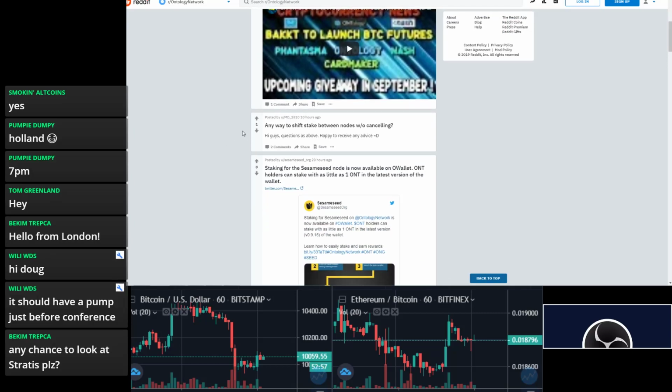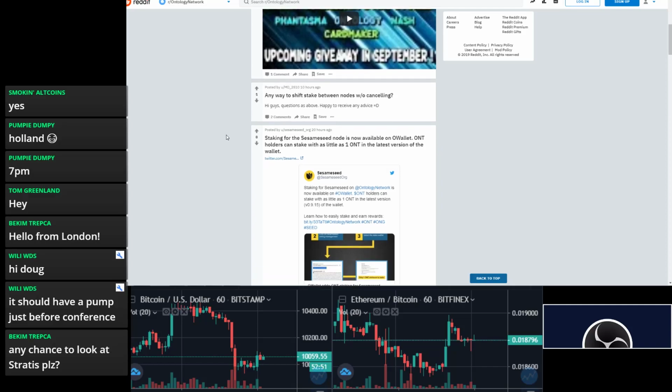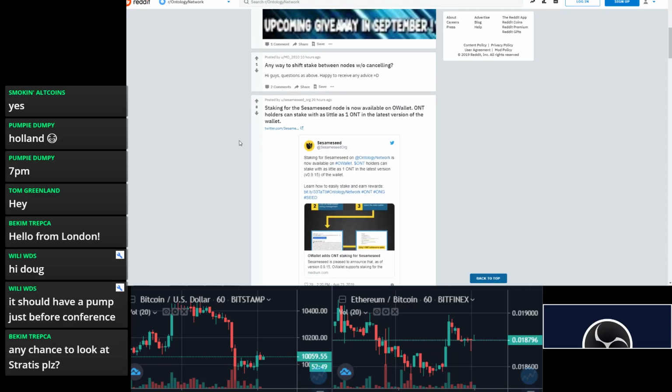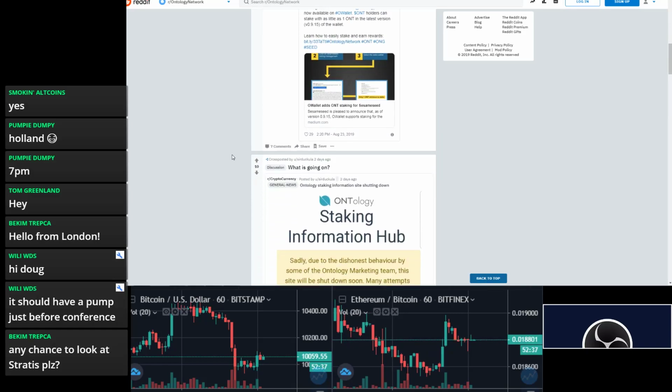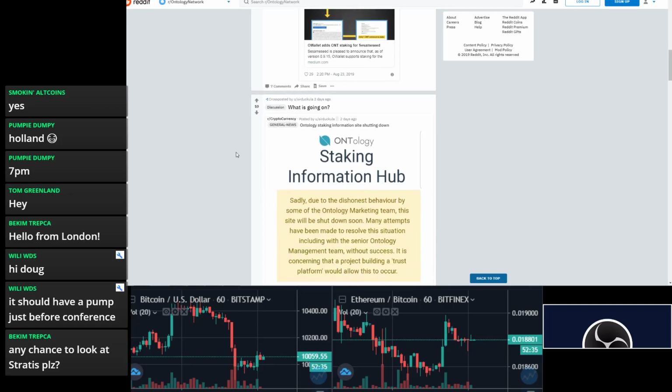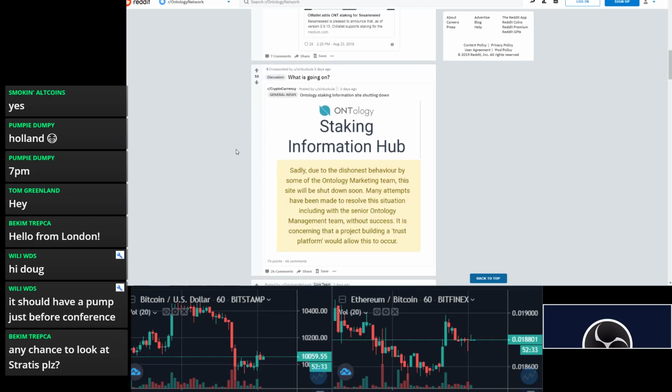Any way to shift between nodes without canceling? Staking for the Sesame Seed node is now available on the ONT. So if you have as little as one ONT in the latest version of the wallet, then you can be staking ONT. And I think you get ONG as your stake reward, if I'm not mistaken.